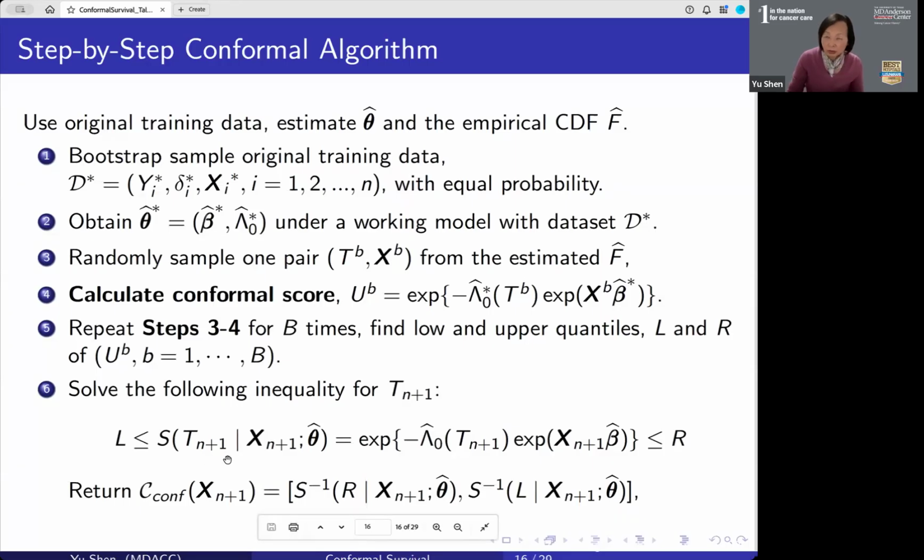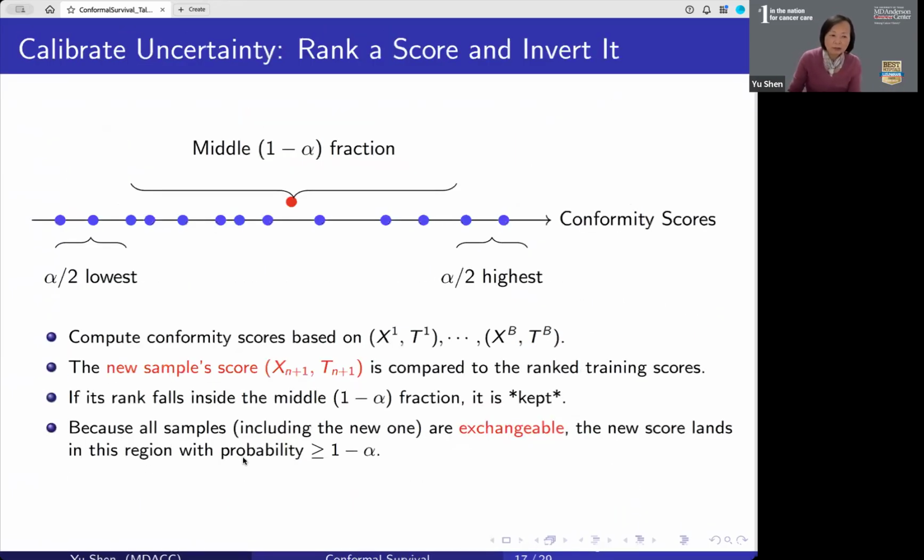The conformal score plays a very interesting role in conformal analysis: you generate a set of score values, rank them, find the upper and lower bound quantiles for the conformity score, and then invert back to the quantity of your initial interest, here T.